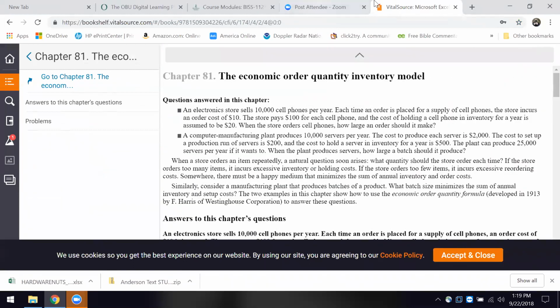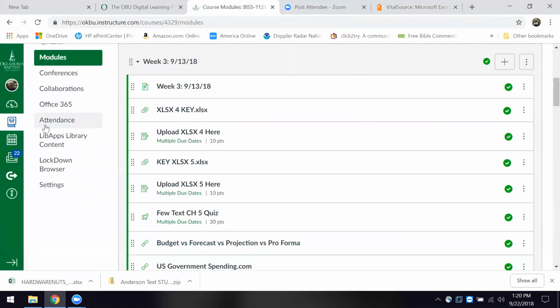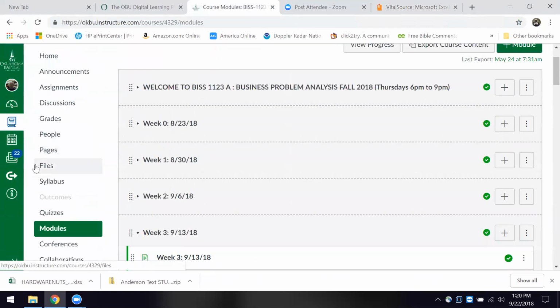Now, I'm going to go back over here and go to the files. I know I'm going to need the EOQ file and then the contra TOQ, why they pronounce it like that, I'm not sure. And that's going to be in the chapter 81 practice files.